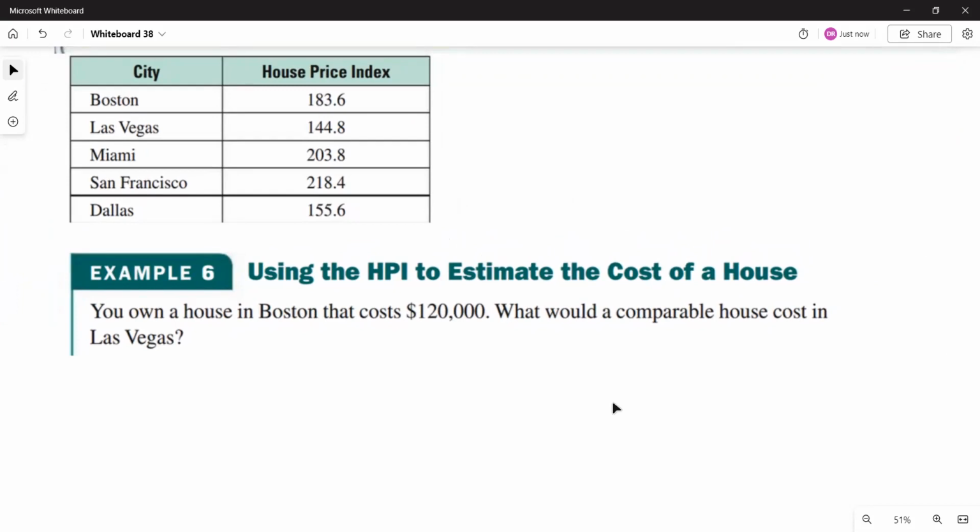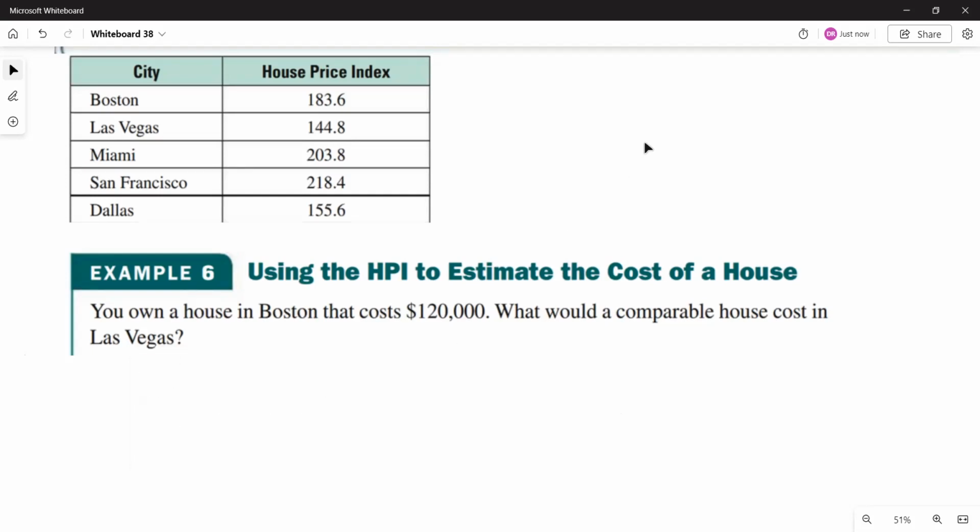So let's think of this as an exercise only. Or maybe that was true in the 90s or so. But let's suppose that you own a house in Boston that costs $120,000. What would a comparable house cost in Las Vegas?